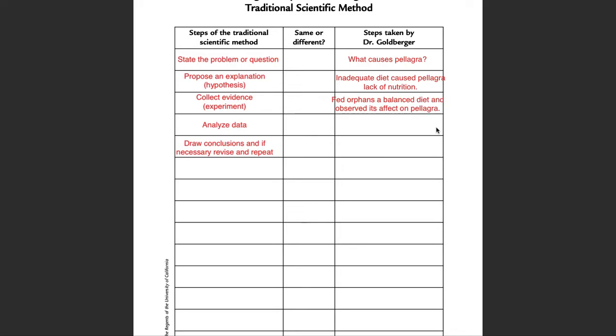Remember, he went into the orphanage and noticed that plenty of orphans were developing pellagra but the staff was not, so he knew it wasn't contagious. He looked at their diet, and what they were being fed wasn't high in nutrition, vitamins, and minerals, so he switched that up, fed them a more well-balanced diet, and observed the effects it had on pellagra.